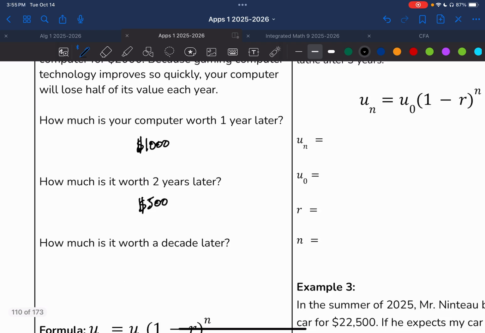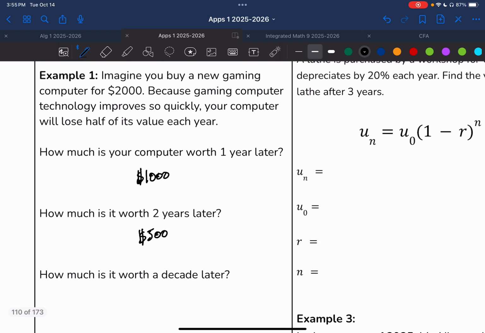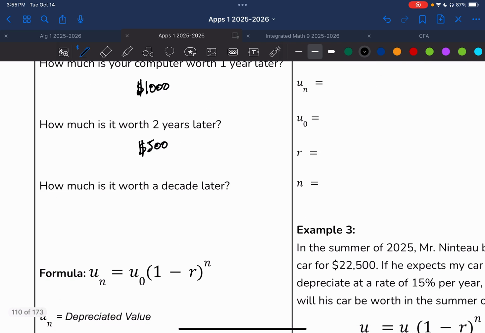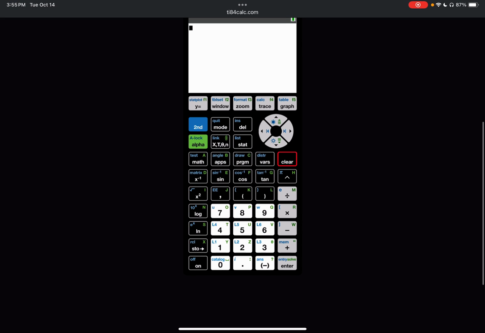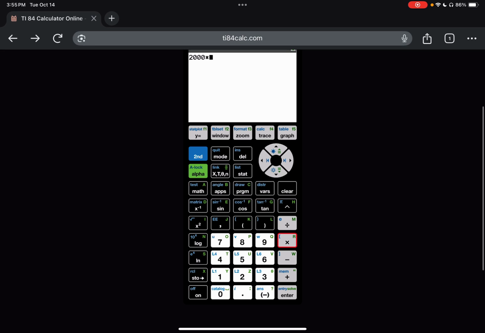And then a decade later, well, now we have to do that splitting in half 10 times. So I'm going to start with that 2,000. We want to multiply it by 0.5 10 times. We represent that to the 10th power, right? We go to our graph calculator. We have 2,000 times 0.5 to the 10th power.